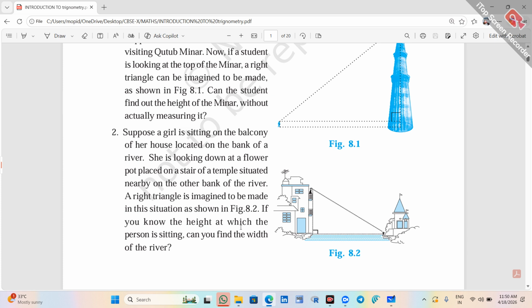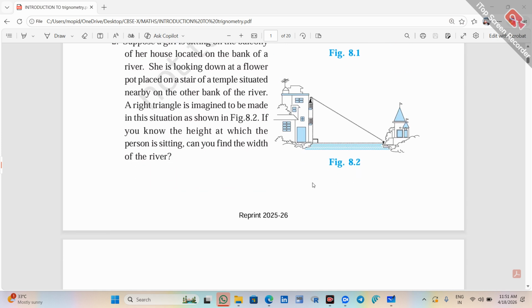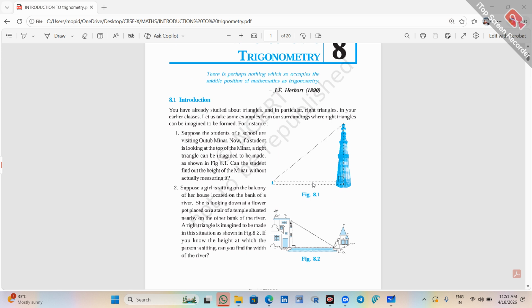If you know the height at which the person is sitting, can you find the width of the river? If we know this height, we can find the width of the river, how much length it is flowing. And also by knowing the angle, we can find it using trigonometry. Just please listen carefully so that we can understand this trigonometry easily.